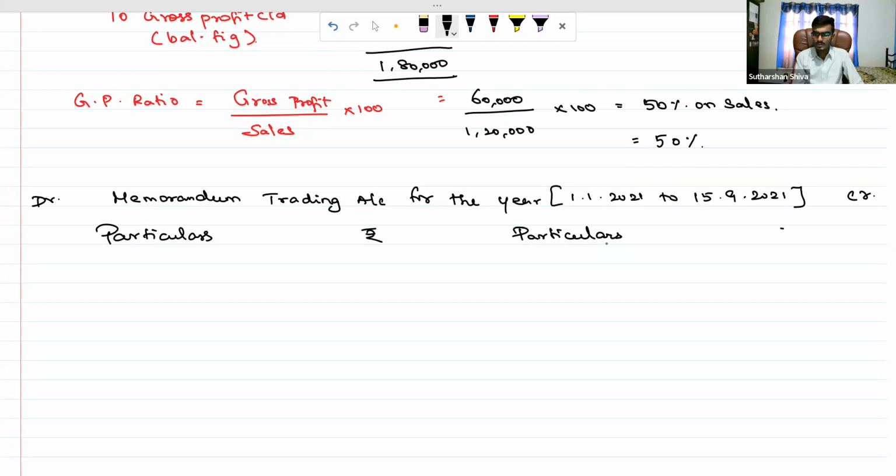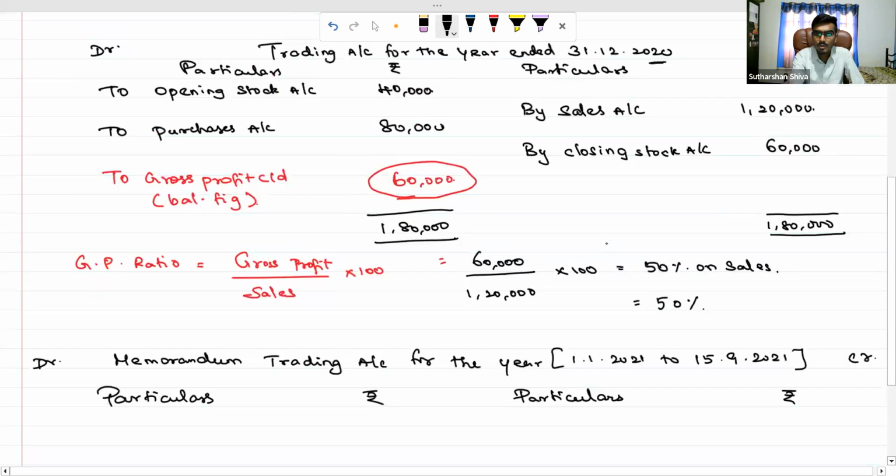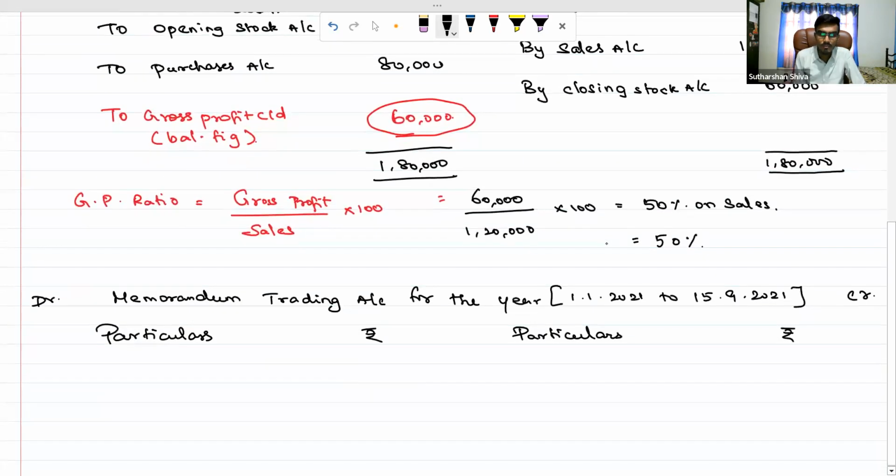Based on 1/1/2021 information, the previous closing stock is now my opening stock. My opening stock is going to be 60,000.